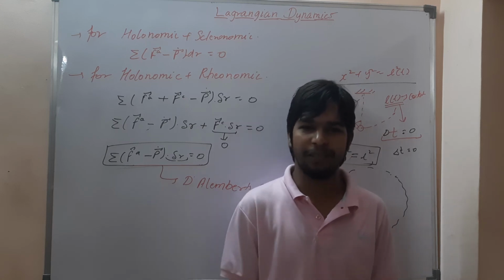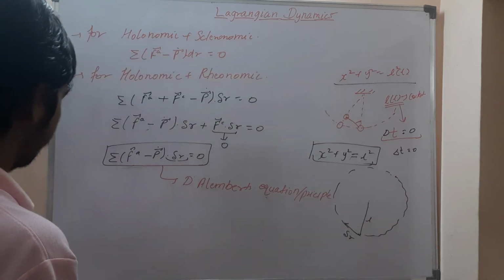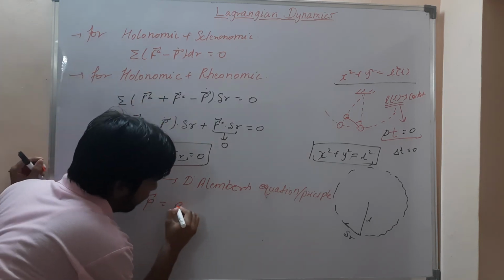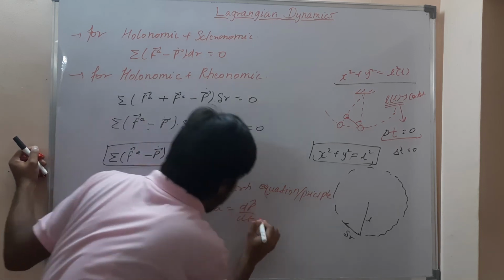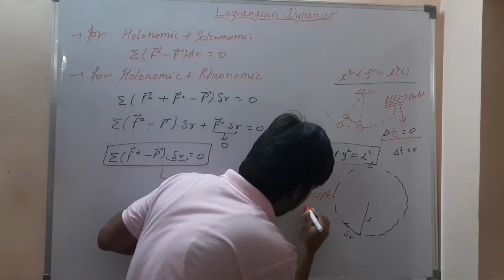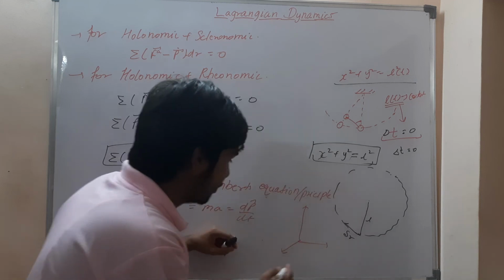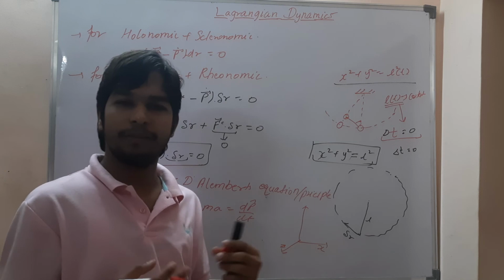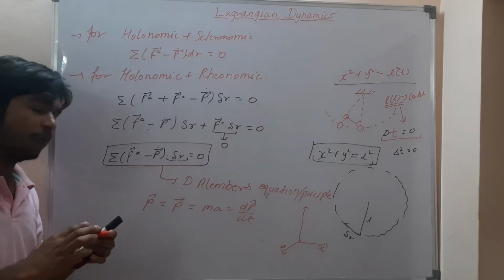So if we see in this one, in the general formula we have, if you remember, F equals m a or dP by dt. We can write it as components, which was easier. Here it is a system of particles.